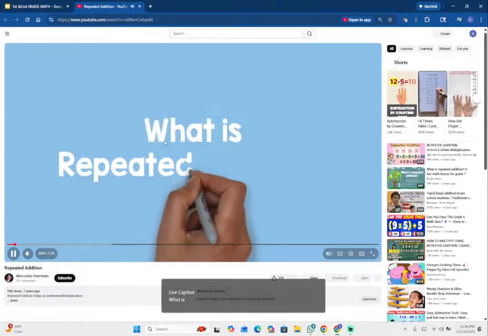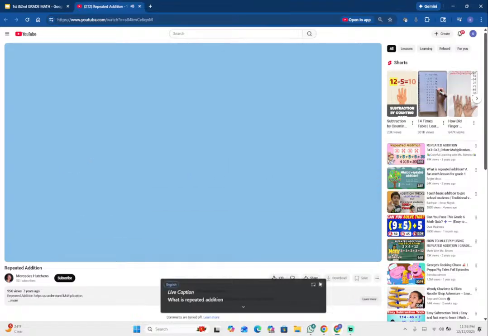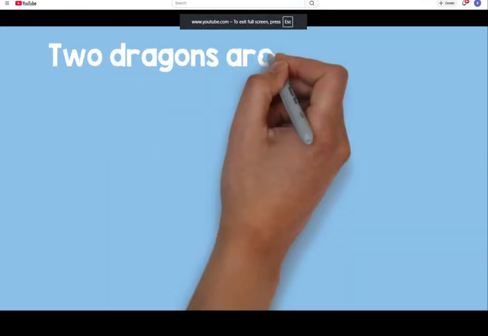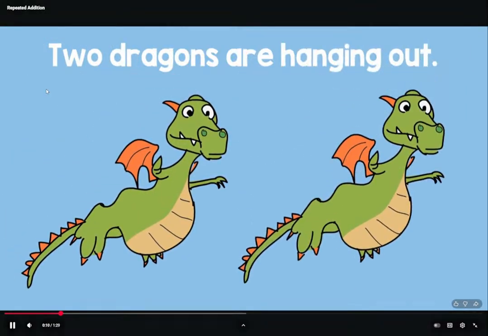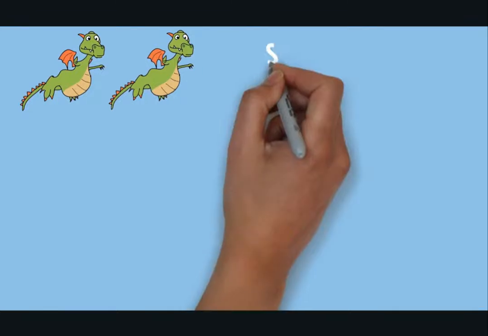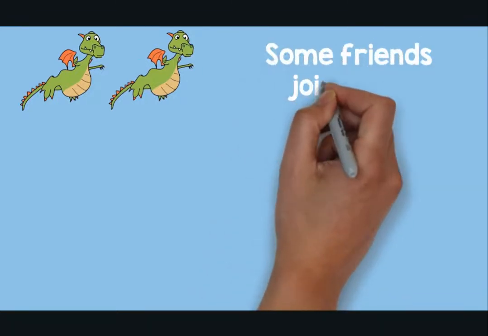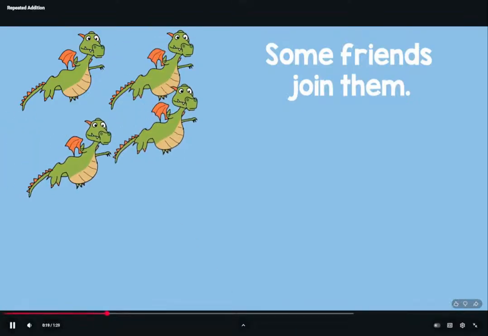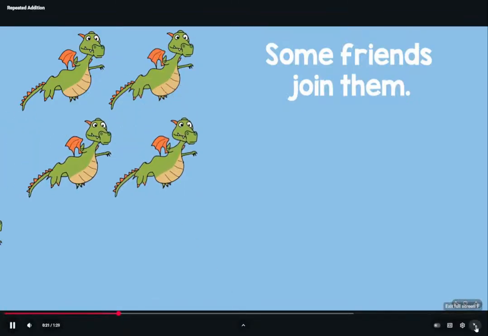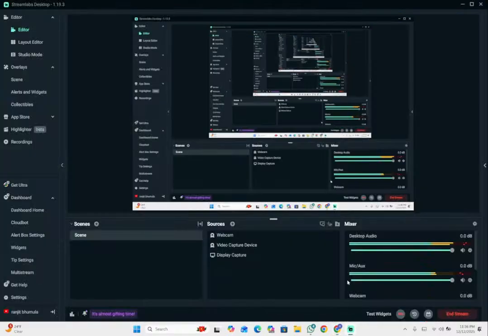What is repeated addition? Two dragons are hanging out. Some friends join them. Now there are 3 groups of 2.